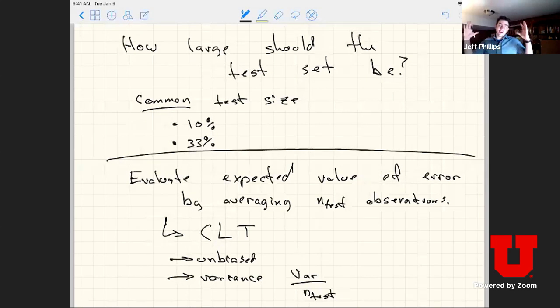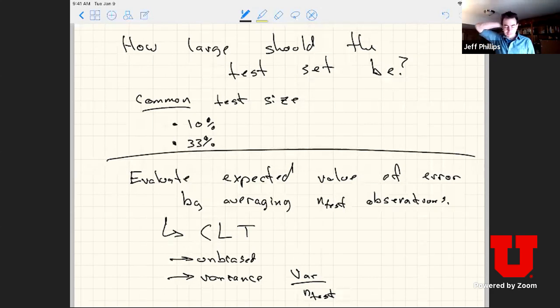So what we know about the central limit theorem is that it gives us an unbiased estimator of the error that we're generalizing, and the variance of that error goes down by a factor of n, or the standard deviation, the square root of the variance, goes down by a factor of square root n with the number of samples.